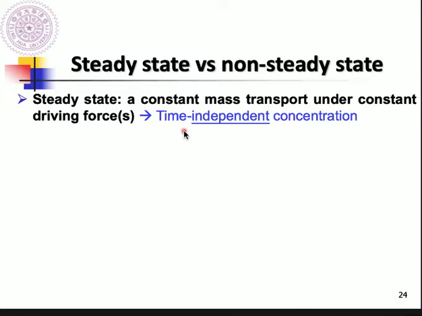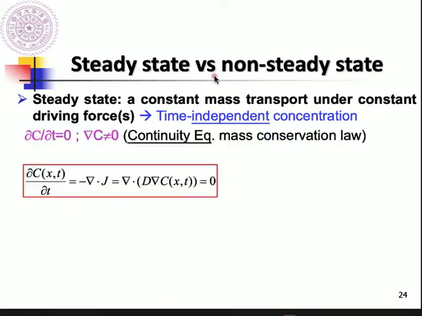But how to do that? Based on the continuity equation, which some people call the mass conservation law, steady state means that partial C partial t equals 0. C here is the concentration of the diffusing atom. It means the concentration profile of the diffusing atom does not change with time. And steady state also means that a concentration gradient exists in this system.